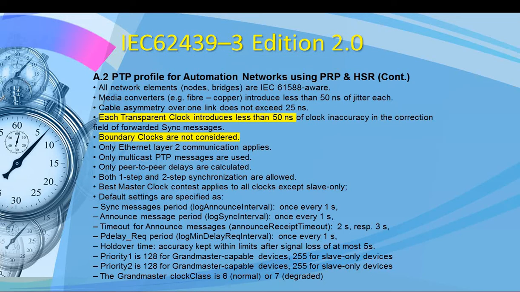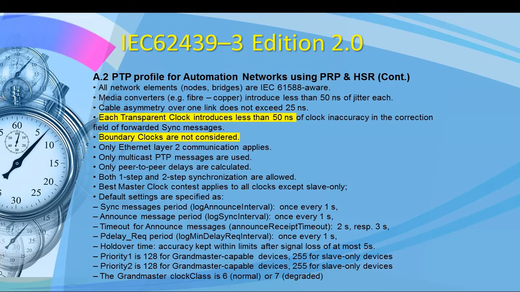This profile should use multicast PTP messages and the peer-to-peer mechanism. Both one-step and two-step clocks are allowed. BMC is the default. Some packet rates: one message per second, and another message one packet per second.